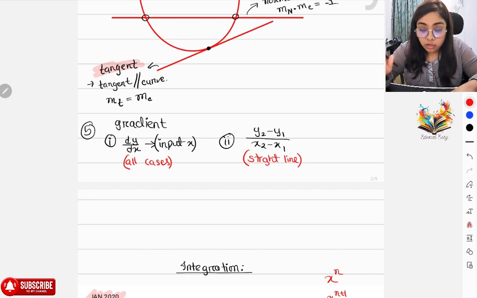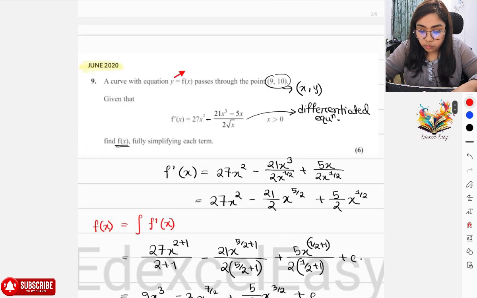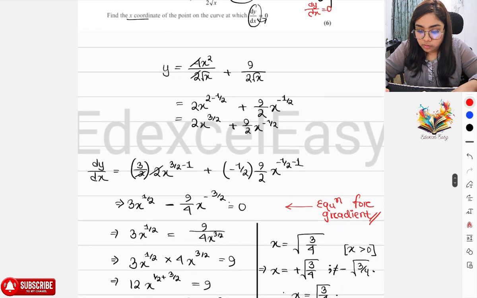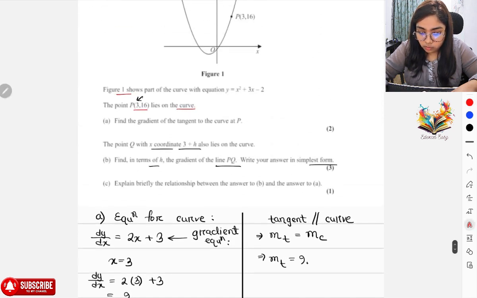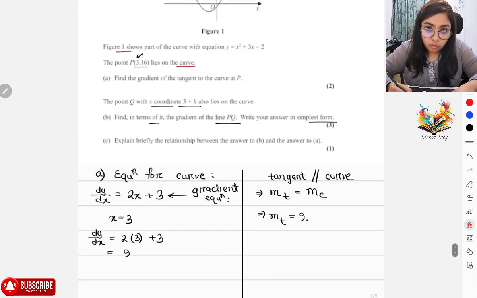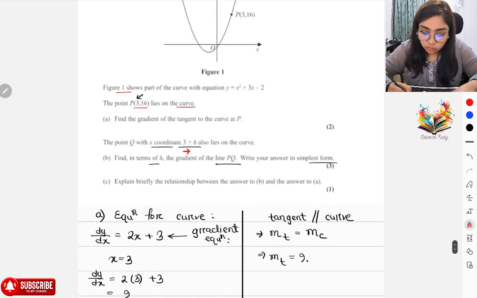Now in your part B, if you remember, we were solving this graphs part 1 question. Here we want to find the gradient of the line PQ, which is obviously a straight line. First we find the y coordinate of point Q by inputting the x coordinate into the equation of the curve.